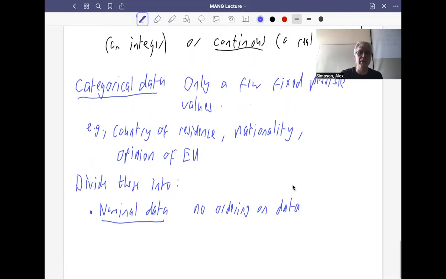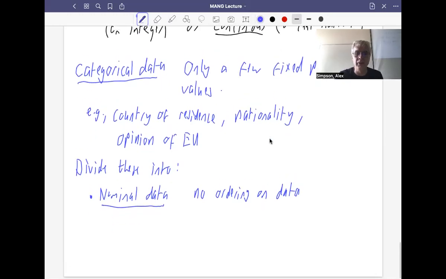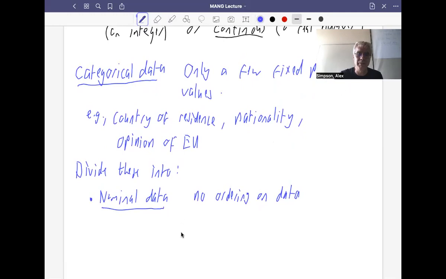For example, the country of residence, there's no order on countries in the EU, nor on countries in the world. One can order them in various ways, for example, by gross domestic product, GDP, or something like that. But there's no natural ordering on the countries themselves. For example, countries, as opposed to what's called ordinal data. When you have ordinal data, there is an ordering.